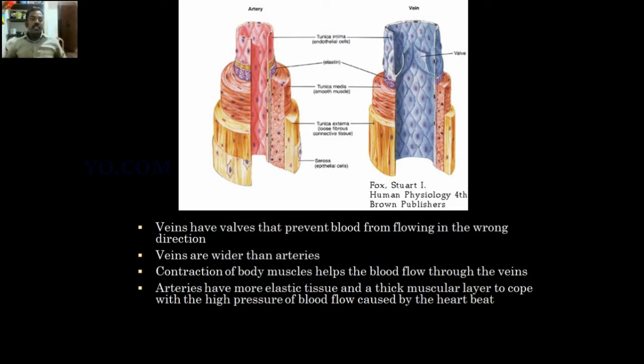So arteries have a higher thickness layer. The thickness of the artery is very high, and it is used to withstand the higher pressure due to the blood pumping unit, that is, the heart.